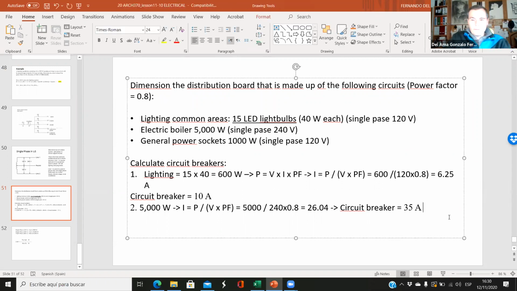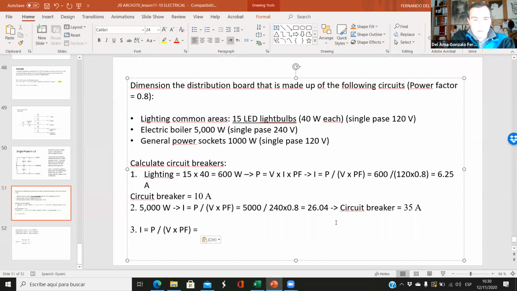And finally, number 3, we have power sockets. We can use the same formula. The power is 1,000, and up to 1,000 we can have 120 times 0.8.